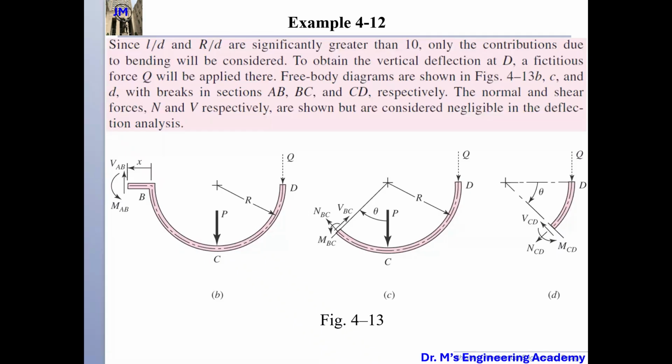So what I want to calculate here is MAB. For any generic point x, this here is the MAB, the bending moment, and also we have VAB, the transverse shear. You guys agree?